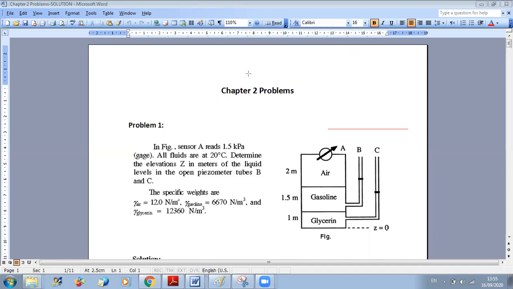So the 0 absolute pressure: if I go below it, I am in vacuum. So below this pressure, I am in vacuum.